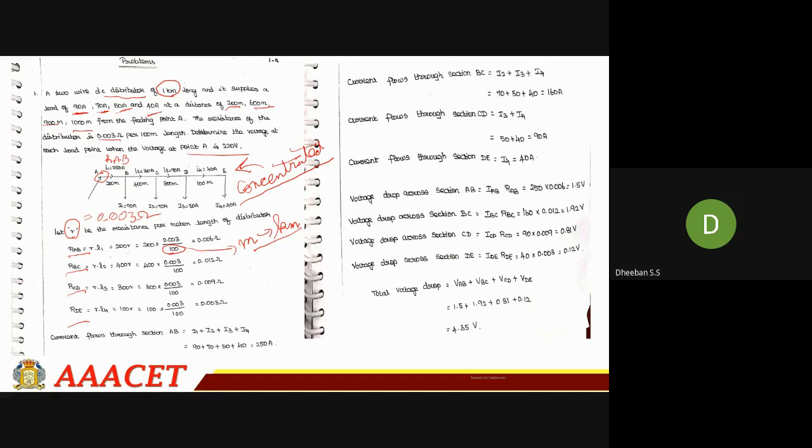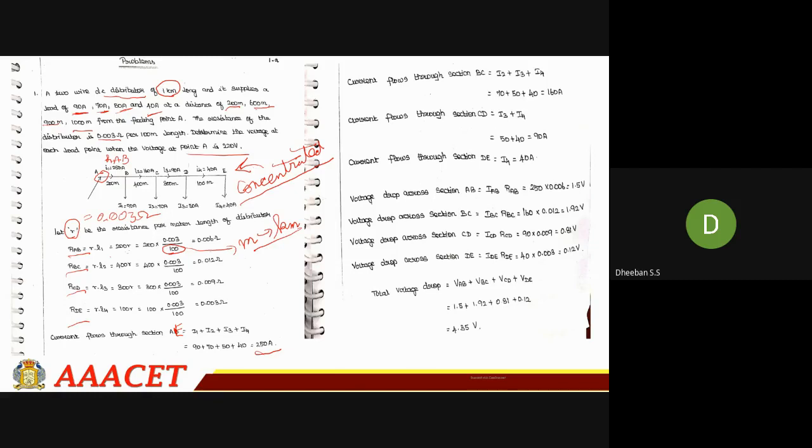The current flow from A to B is nothing but the series connection, that is, you will be adding your currents I1, I2, I3 and I4. If you're adding, the following currents are given, 90 plus 70 plus 50. From A to E it will be around 250 amps.